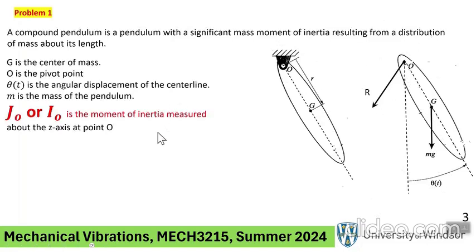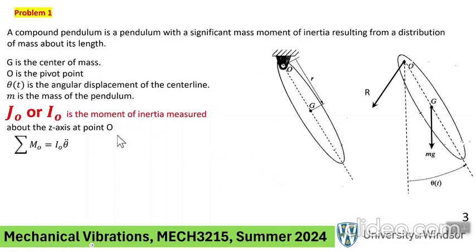So let's assume that J about O or I about O is the mass moment of inertia of this distributed object about the pivot point O. The choice of using J_O or I_O is up to you. Generally speaking, J_O is reserved for problems involving torsion. But either way, I will use I_O here.